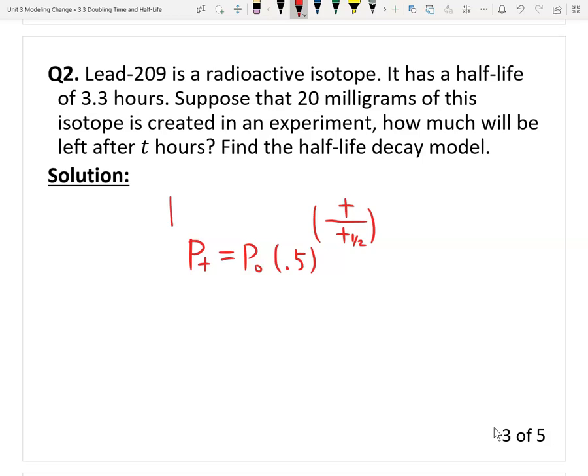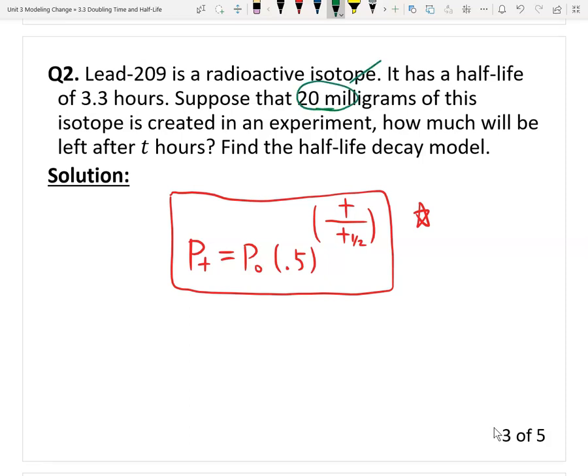Okay, again, let me highlight. That's the one we need. Now we plug in P0 and T 1/2. What is P0? The initial value says 20 milligrams. And put here, that's P0. So we know P0. What is the half-life? It says 3.3 hours. We already know. Let me put here T 1/2.